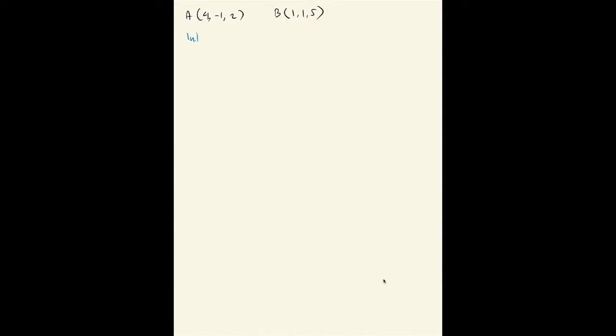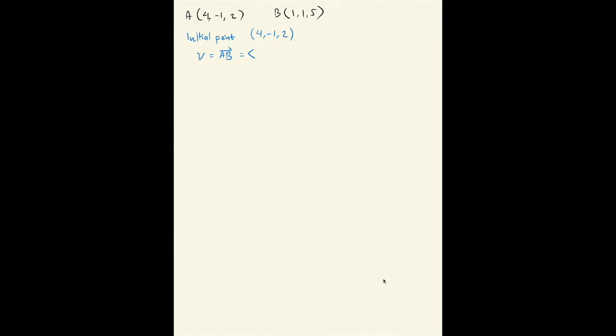Okay, so first write the initial point. For example, the initial point is this point, and then I need to write the direction, okay? The direction vector, or I will just simply write the v, and then I will write the v as a vector from A to B.